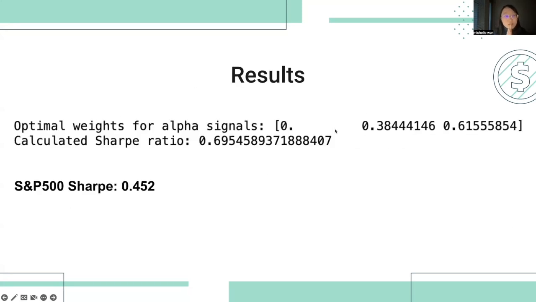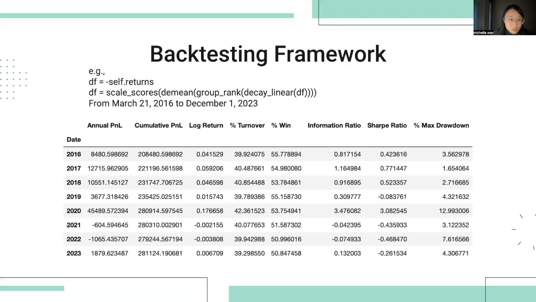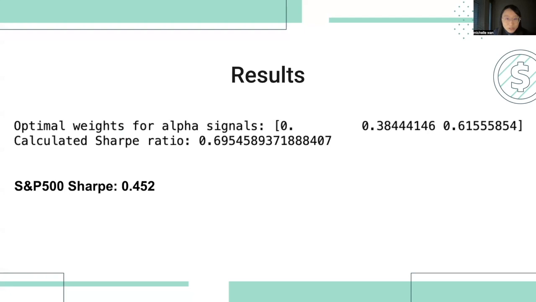And then the results after we had our combination. The optimal weights for the 3 alphas here are 0, 0.38, 0.62. And the Sharpe ratio of this portfolio is 0.695.